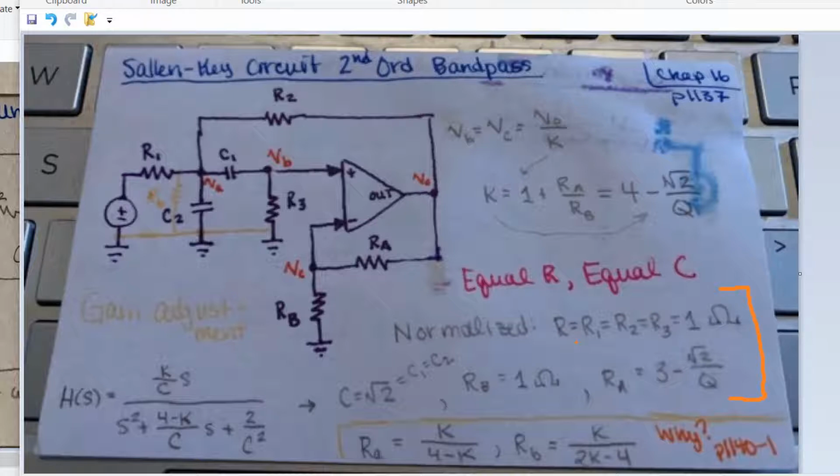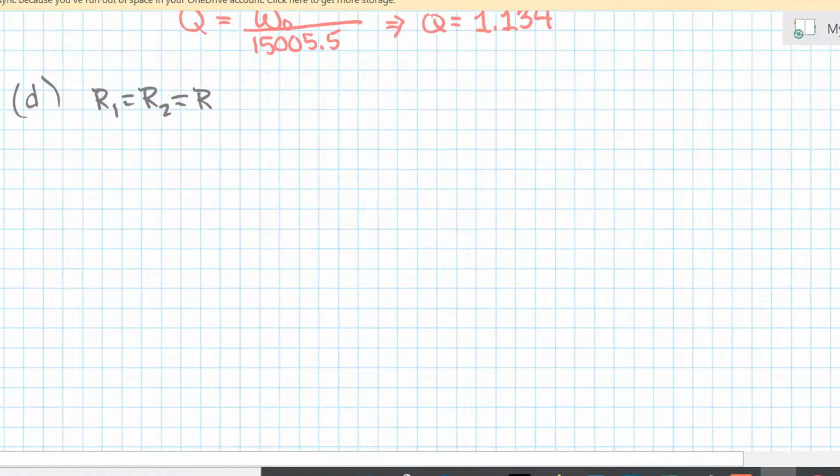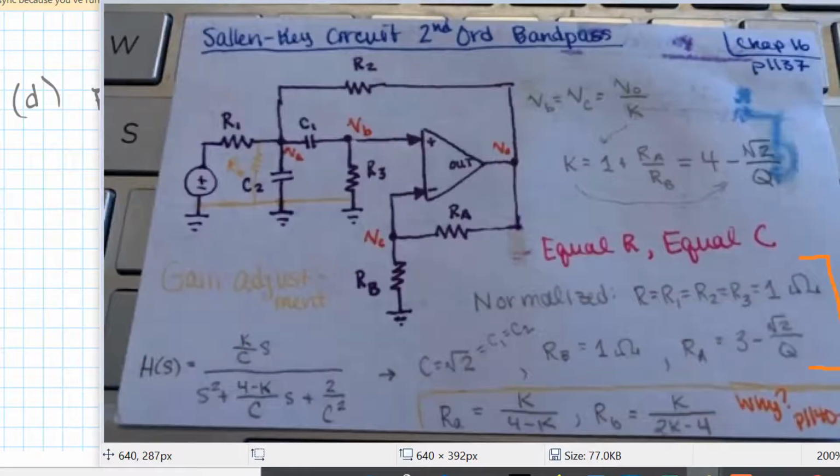So I need my Sallen-Key note card for a bandpass filter. And it tells me what I need for the normalized part. So R1, R2, R3, RB, they're all 1. Okay, and let's see what else we have to figure out. There's a K value that the R sub little a and R sub little b are in terms of.